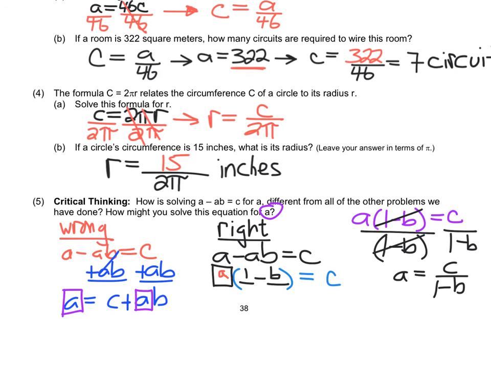And just out of curiosity, I won't write it, but I just want to make sure that I'm constantly reinforcing this. What would be the excluded value there in that final equation? 1, yeah, because if b were 1, that would make that fraction undefined. It would make the final fraction over 0, and that's not what we want.